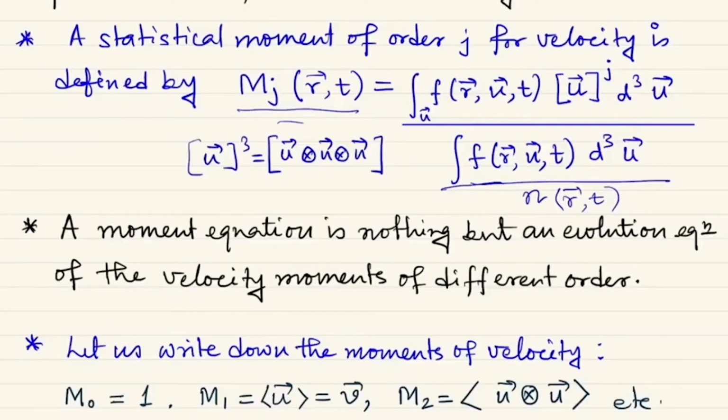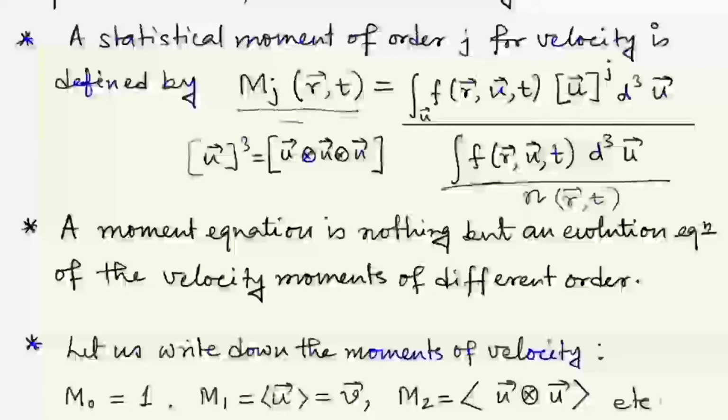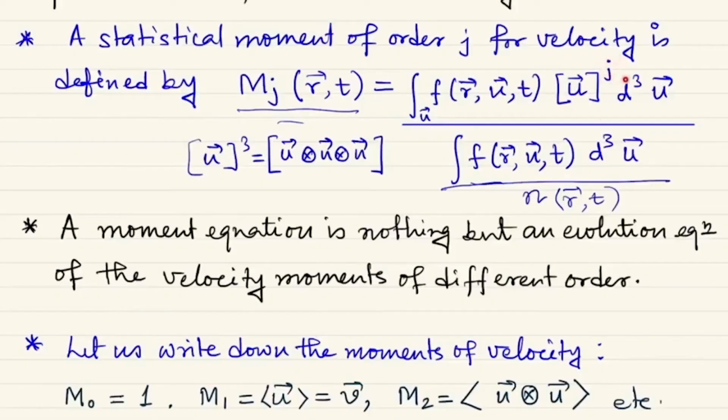When I say 1, you can actually use any arbitrary constant instead of 1. For m₁, which is obtained if we put j equal to 1, it will be simply the integration of f u d³u divided by n, which is nothing but the average value of u, and this is known as v.